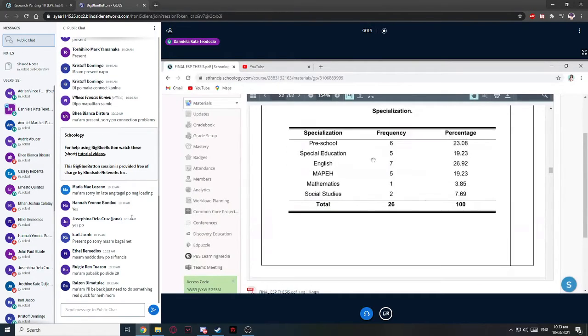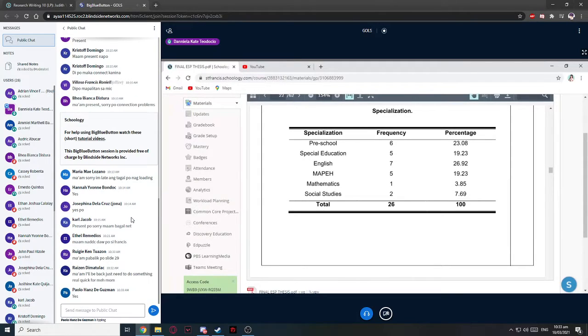Now, upon seeing this table, can you already understand the data that we have according to specialization? Anong meron po sa table na to? If you're going to analyze this one without the text, anong meron sa table na to?